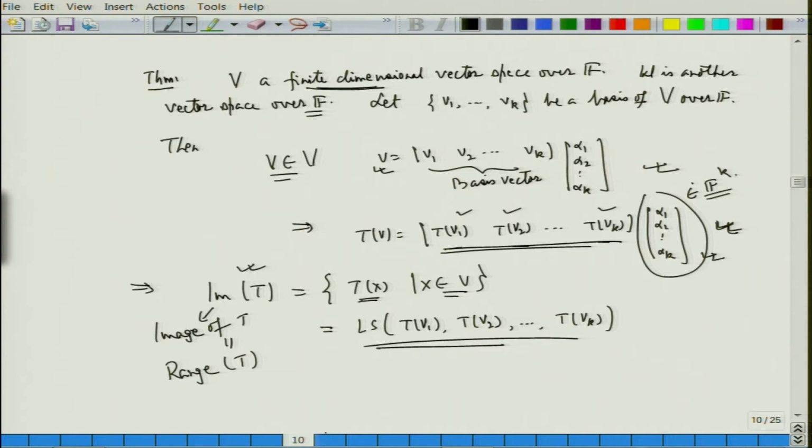Now, as a corollary of this idea that T is known as soon as you know it on the basis, the image of T is this, which implies quite a lot of things.